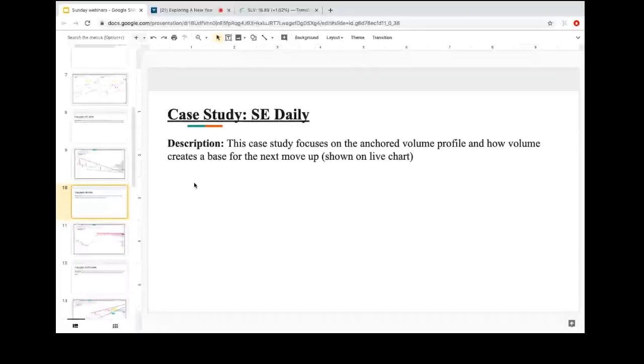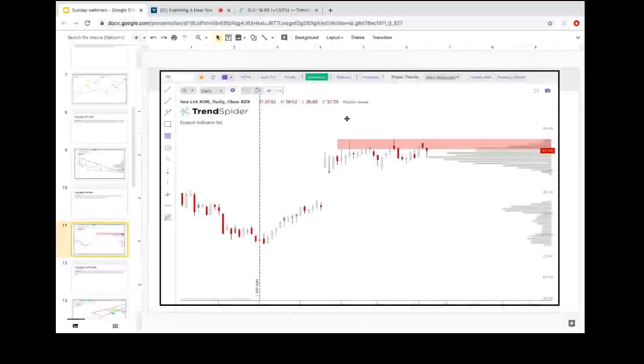So what you can see here is, in the before, we anchored the volume profile right from this reversal point, and you can see how much volume was holding in this area. It's showing you that most people who bought from this particular point in time are holding at the current price, because there's not a lot of volume holding in this area. Most people are holding here.